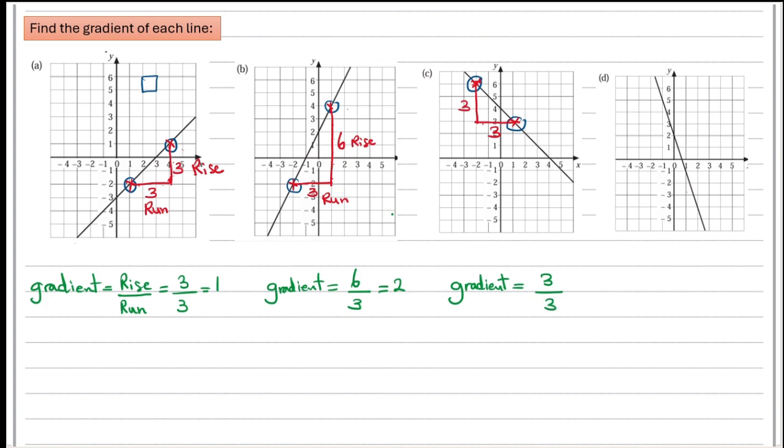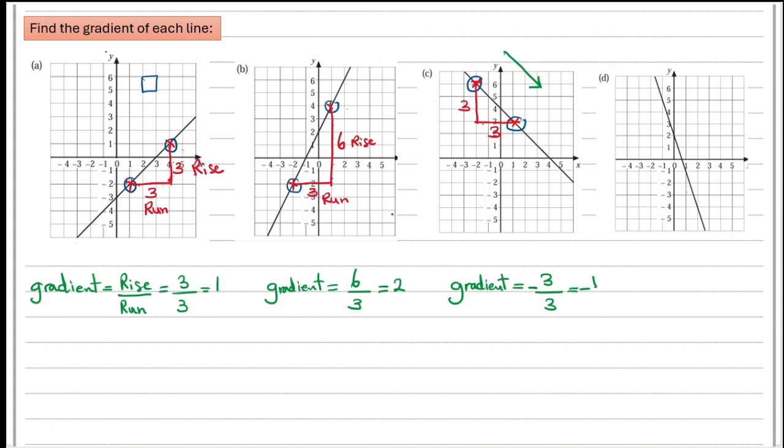But there is one important point here. Because the line is going down from left to right, we have to put a minus for our gradient. So 3 divided by 3 is 1, with a minus next to it, so the gradient is minus 1.